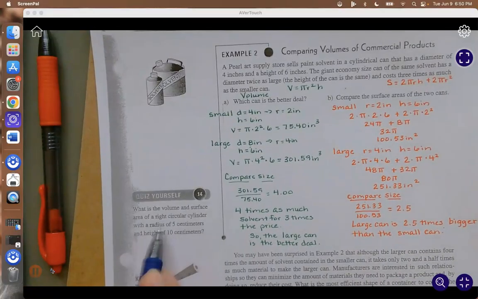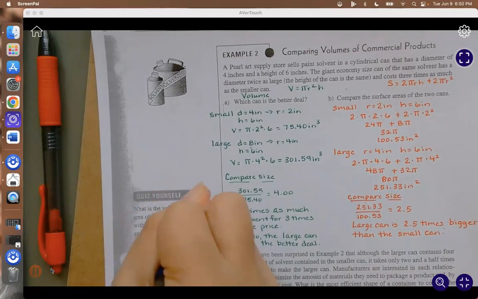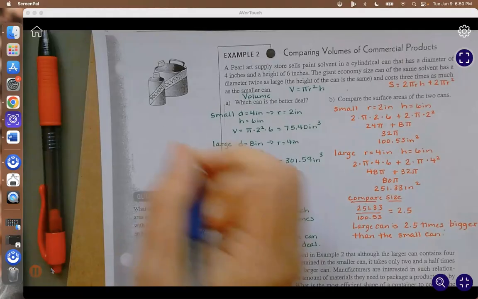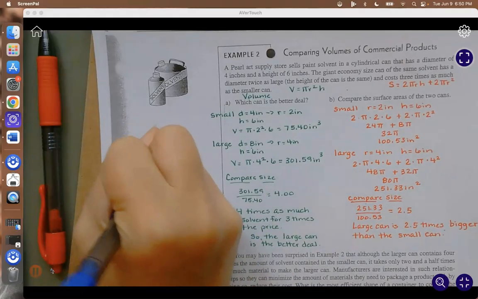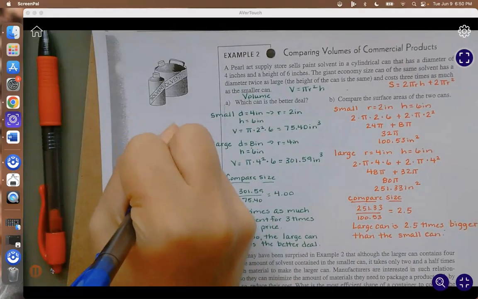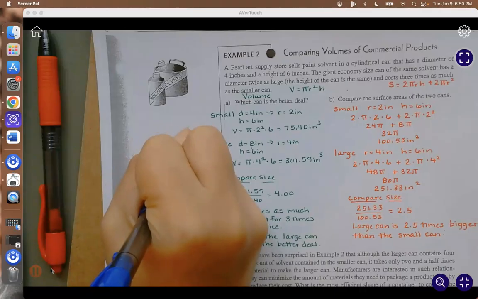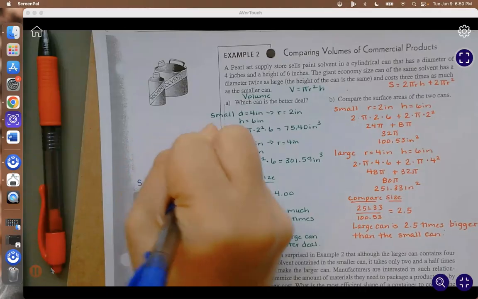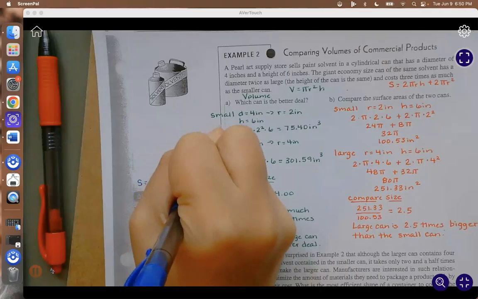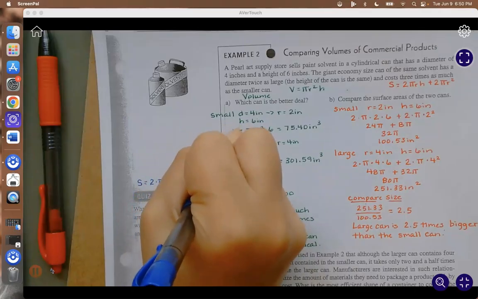Now, volume and surface area of a right circular cylinder with a radius of 5 and a height of 10. So let's do surface area first. 2 times pi times 5 times 10 plus 2 times pi times 5 squared.